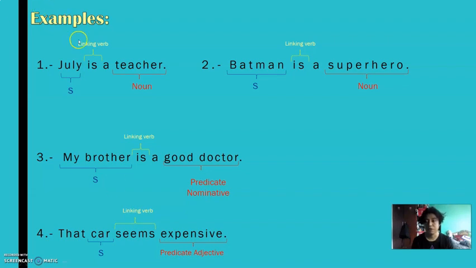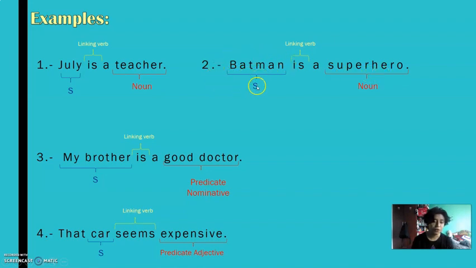We have sentences. Number 1 says Julie is a teacher. Julie is the subject, is is a linking verb, and teacher is a noun. Example number 2 is Batman is a superhero.